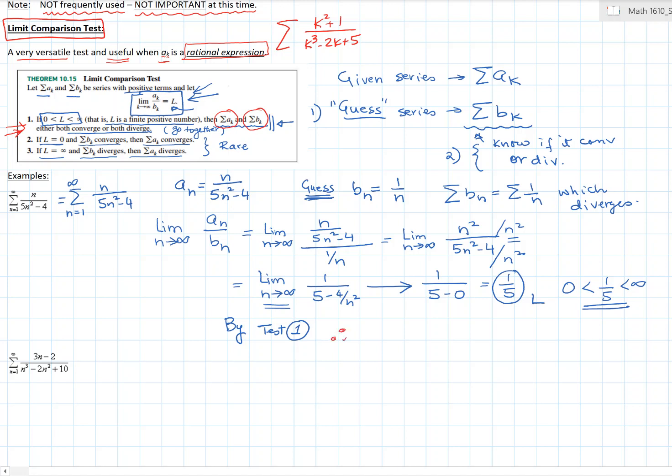So therefore, since the series b_n diverges, remember when we guessed b_n, we knew that it diverges. So since series b_n diverges, that means my series a_n also diverges.